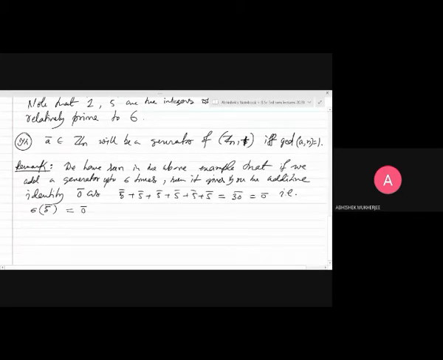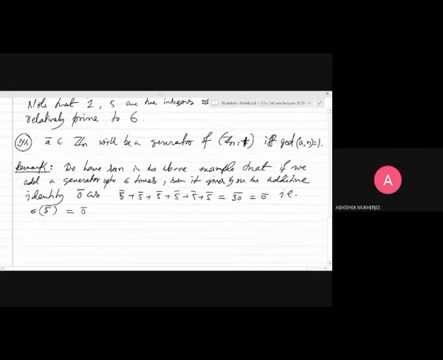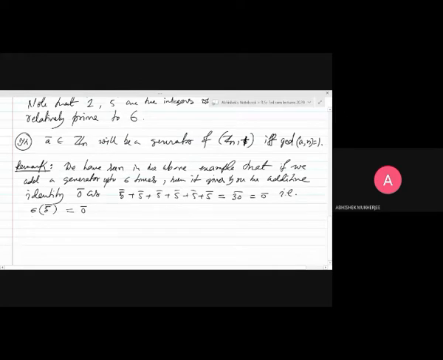And not only that, 6 is the least positive integer for 5 plus such that this phenomenon is happening, right? So 6 is the least positive integer for which 5 plus satisfies this property.